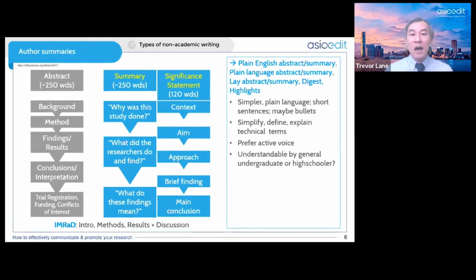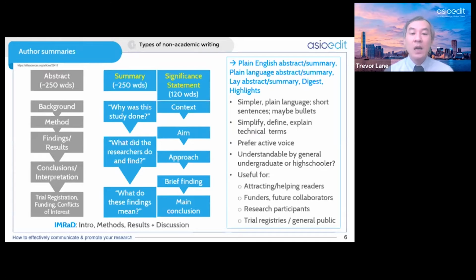For articles in journals, it will normally be something like an undergraduate or a high schooler as the lowest level. And then it's going to be useful not just to attract more readers and to explain and summarize the research for the busy reader, but for funders and non-scientists, so future collaborators, and research participants who might want to know what the result was for a trial that they took part in.